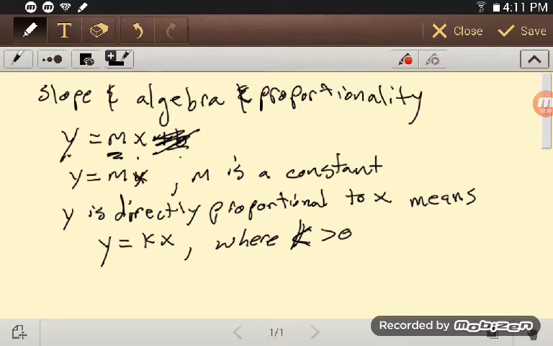I'm not aware of when people would make it a negative number, just when you start talking direct proportionality. Certainly with slope, it can be a negative number, but when you start talking direct proportionality, that constant typically is a positive number.